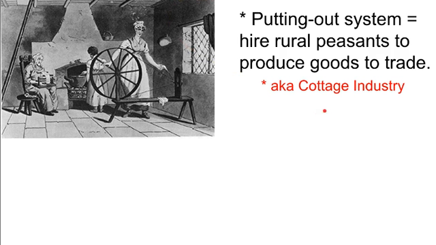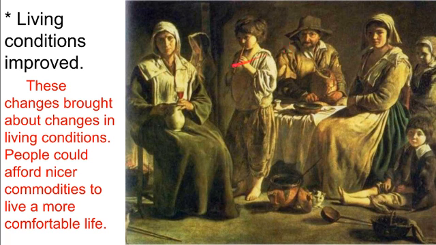So that idea didn't exist before, because before, the peasants worked for a lord and they didn't own anything, right? Or the craft people were in guilds and they produced their own goods. But now you have this mixture of business owners and employees working together to produce goods, right?